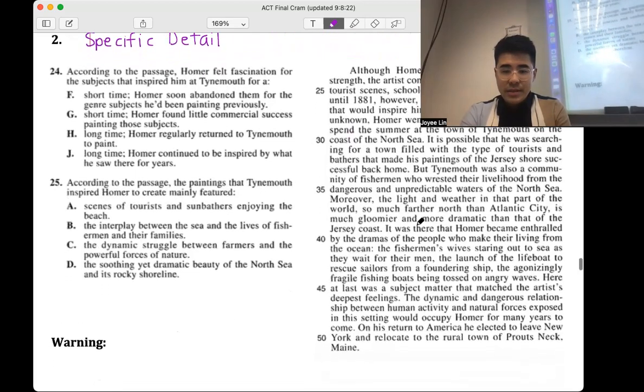What does it say? Hmm. Where do you find many years? Oh, okay. Yeah, that would occupy Homer for many years to come.